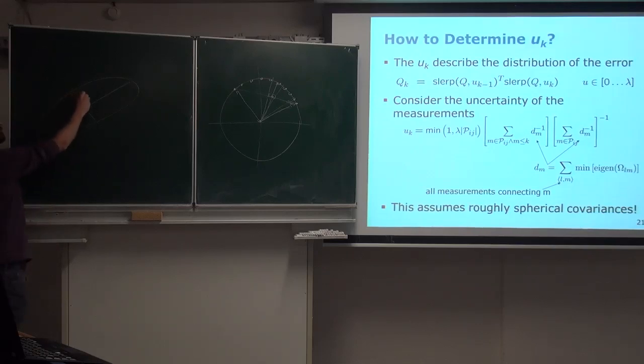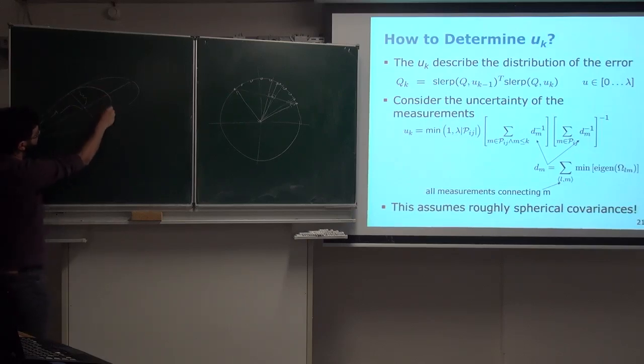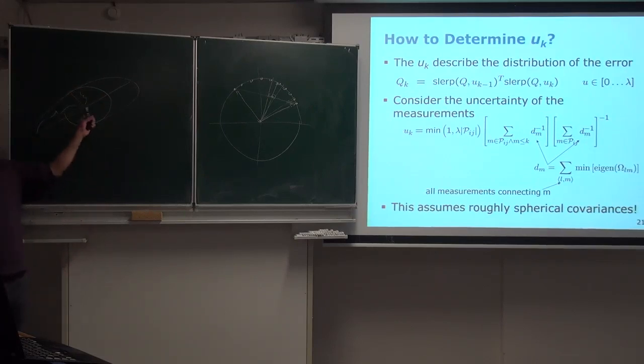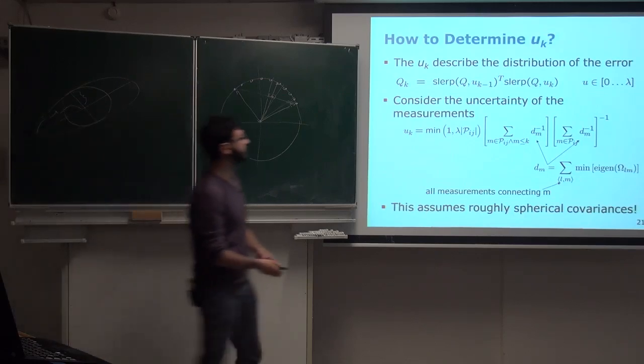The eigenvalues are this and this, not exactly, but the square root of them. And what you will do, by taking the minimum, is say, I assume this is actually something like this, no? So that my real information will be something like that. Okay, so that's what we are assuming in here.